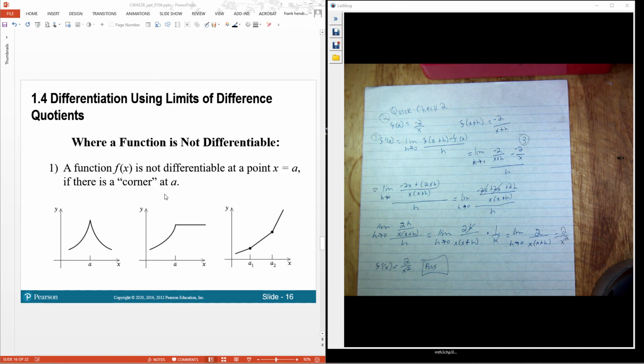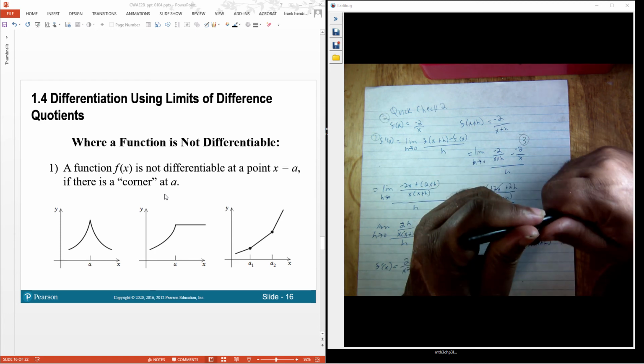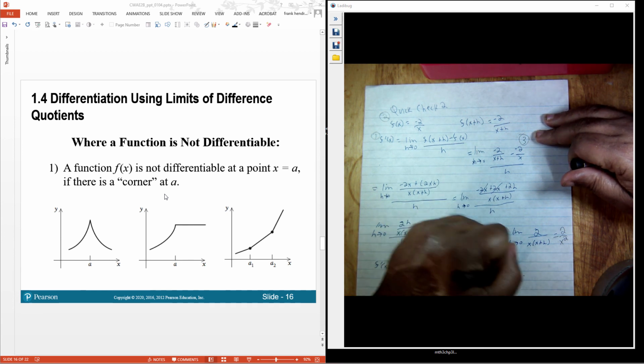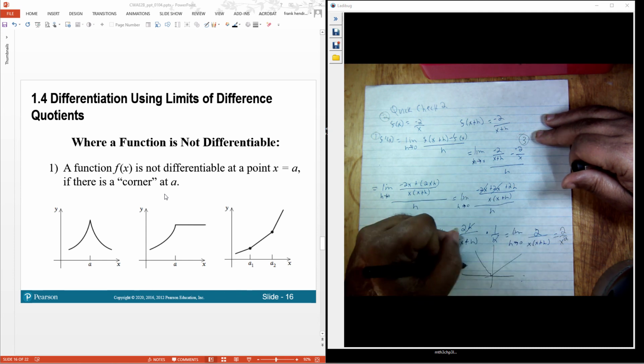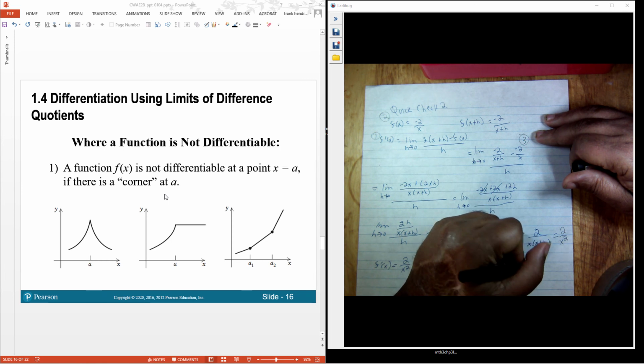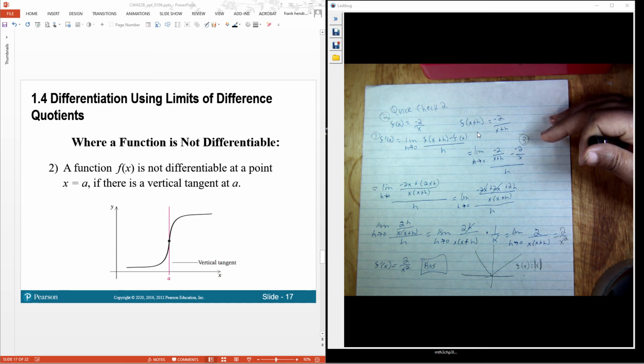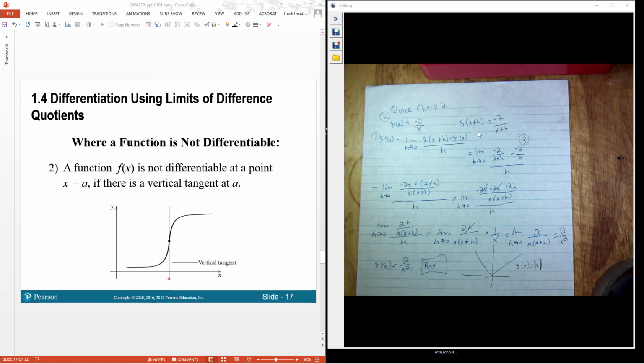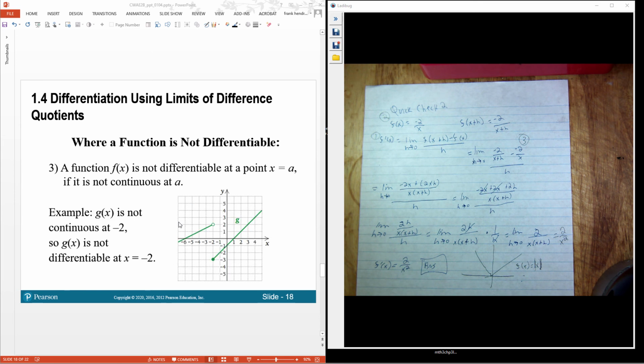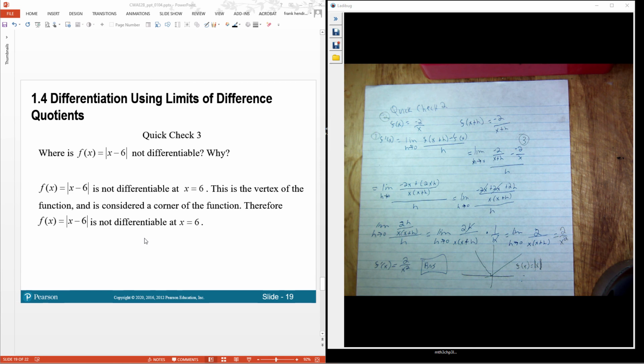Some functions have corners built into them, like an absolute value function, because it has a corner at the vertex. A function is also not differentiable at a point if there's a vertical tangent, or if it's not continuous.